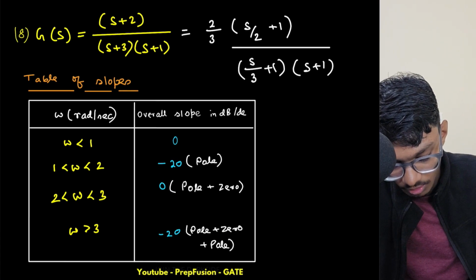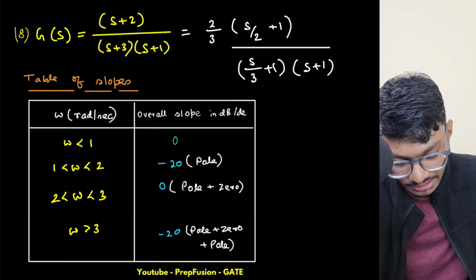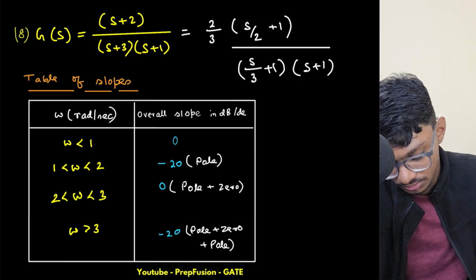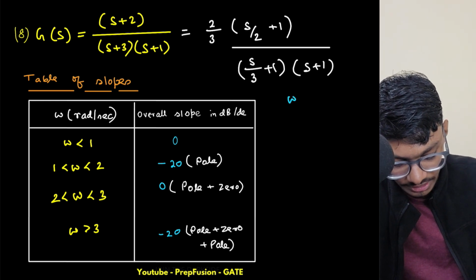Now after that we reach one pole. So let me write the poles and zeros so that you will be able to easily identify them.